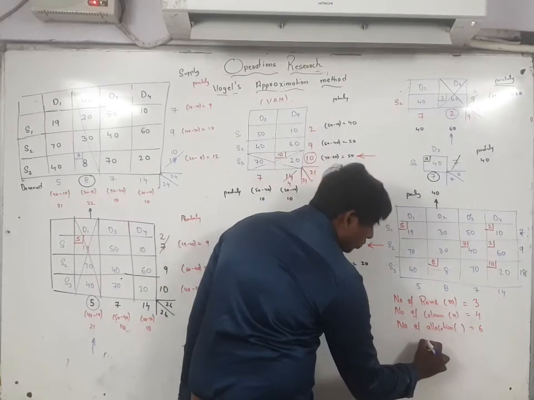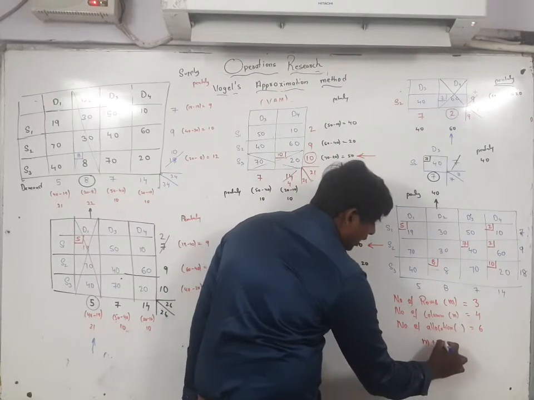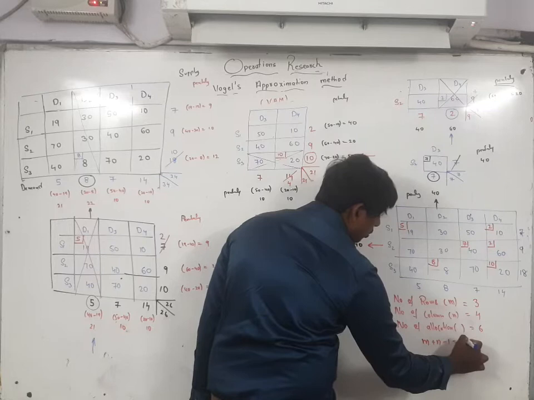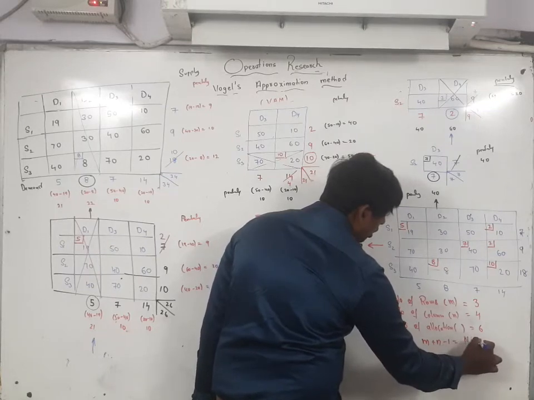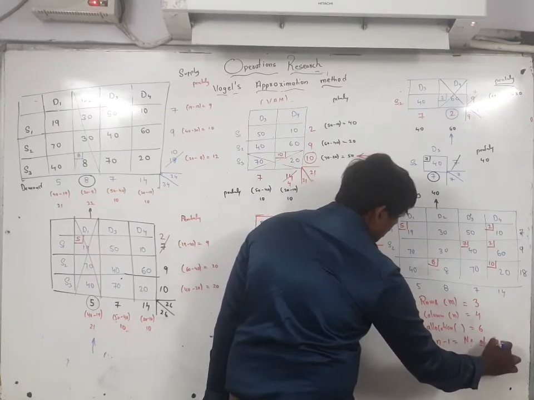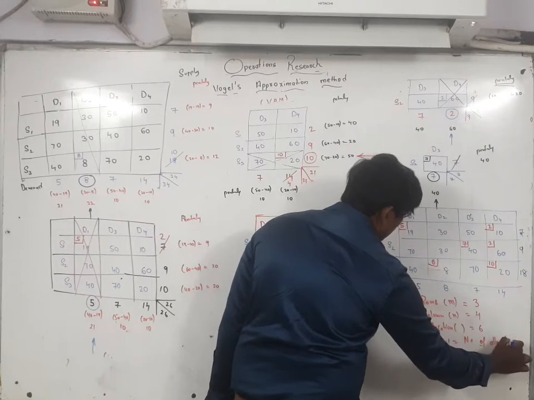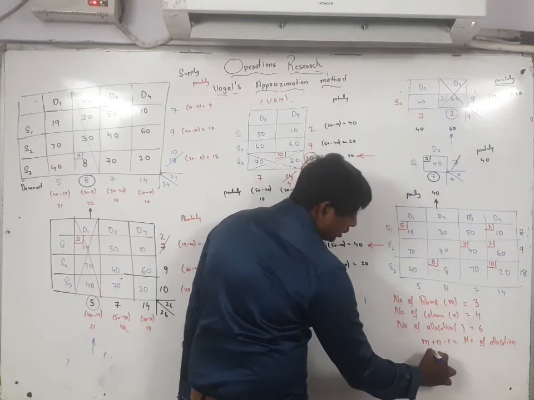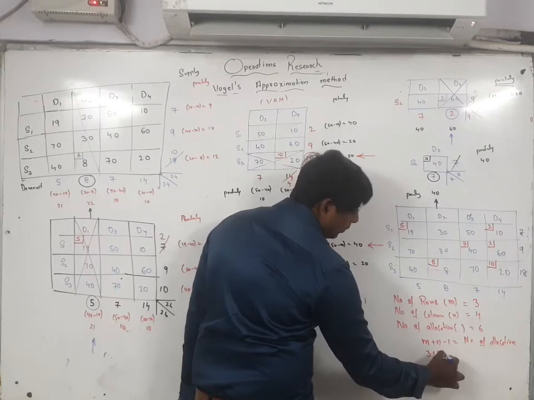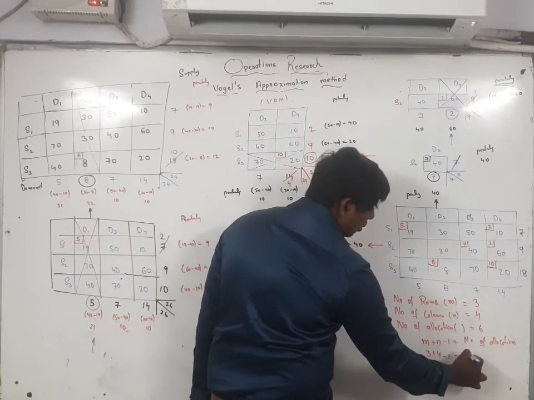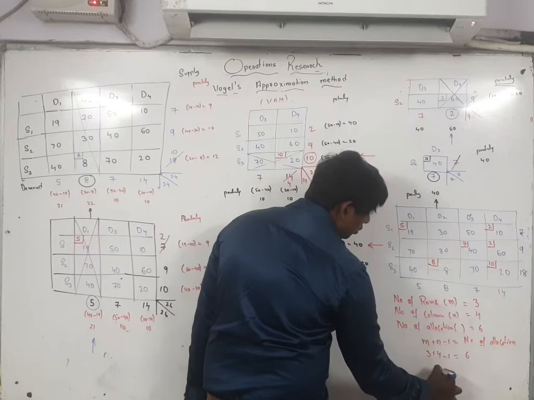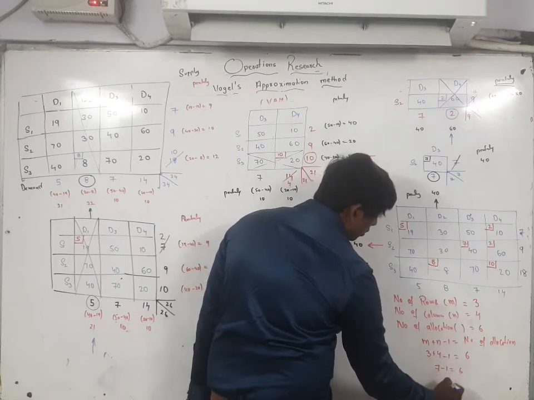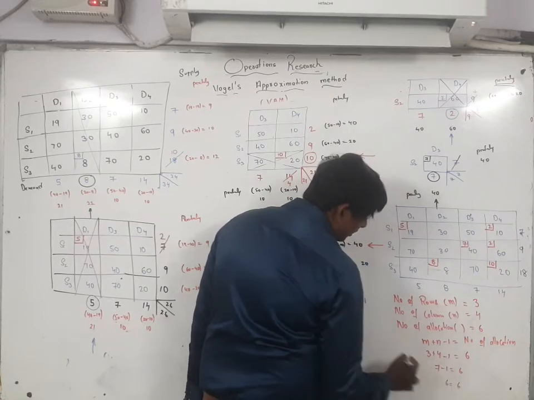So this formula you can write: m plus n minus 1 is equal to the number of allocations. How many rows are there? 3. How many columns are there? 4. Minus 1. Number of allocations is 6. So 7 minus 1 is equal to 6. 6 is equal to 6.